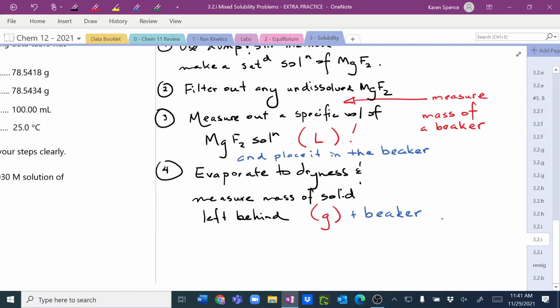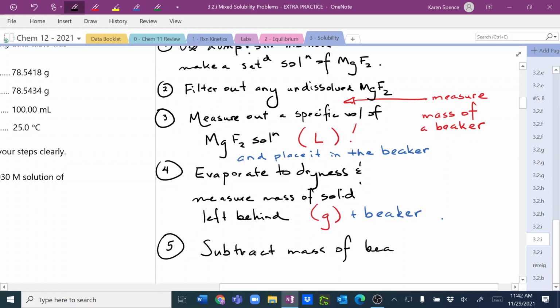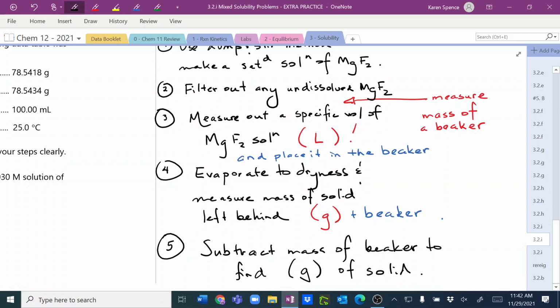And then step 5 is going to be to subtract the mass of the beaker to find grams of solid. So that is what is happening in this question.